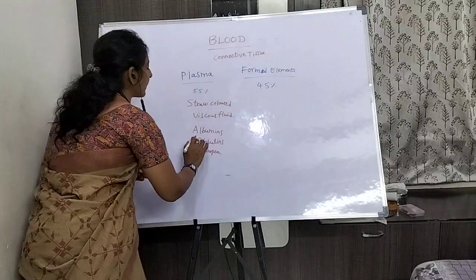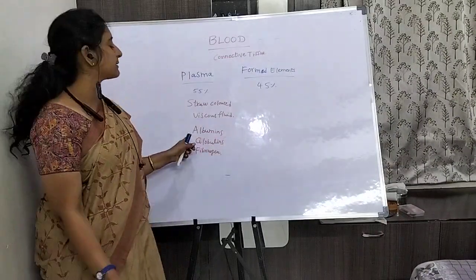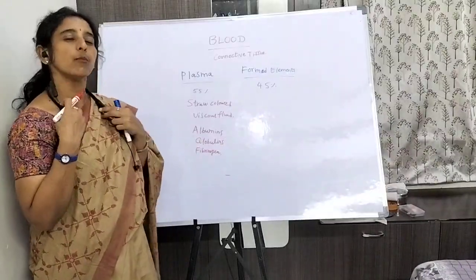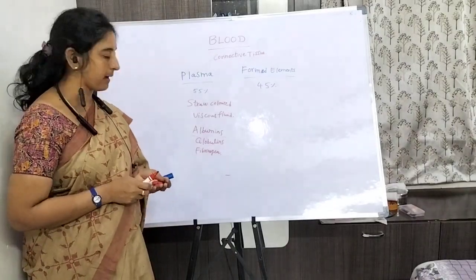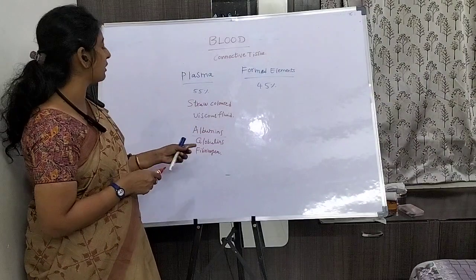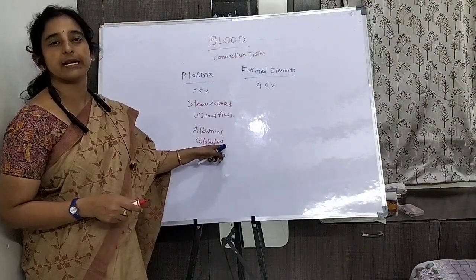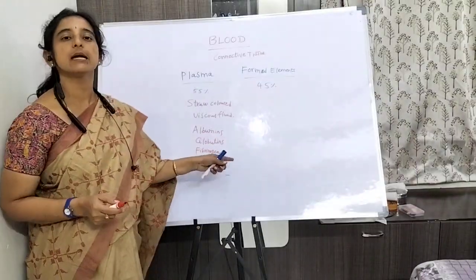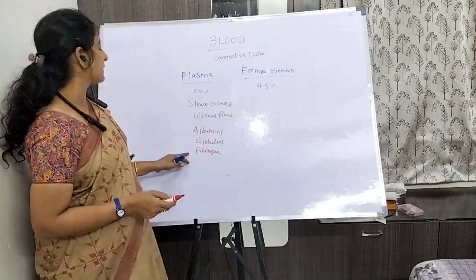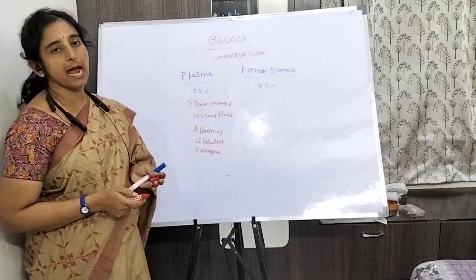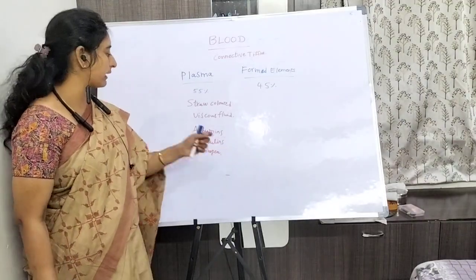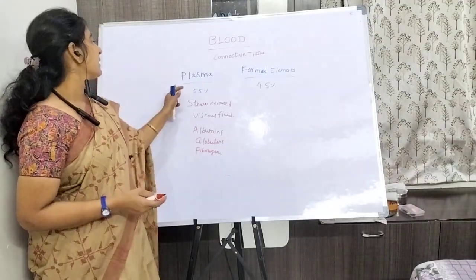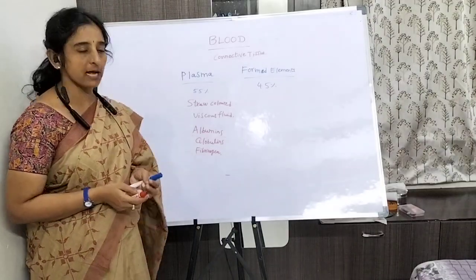Albumins especially maintain our osmotic balance. Then globulins act as a defense mechanism. Then fibrinogen acts in blood clotting. So these are present inside the plasma.